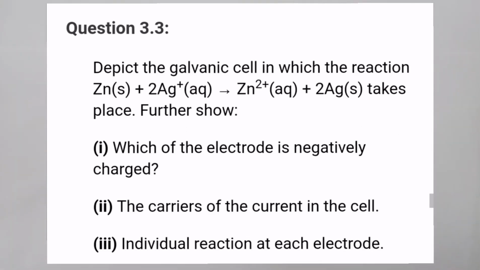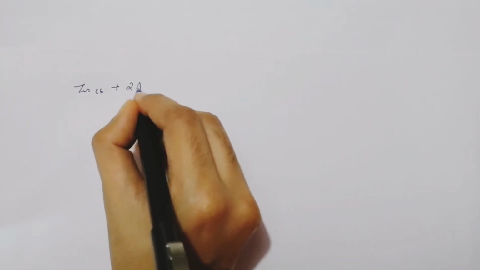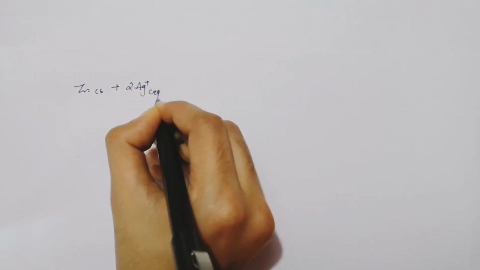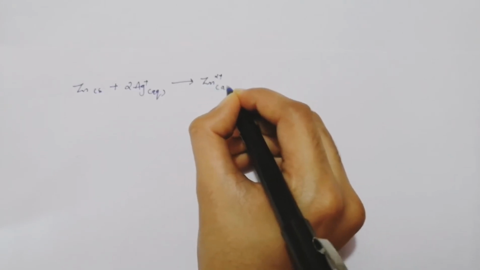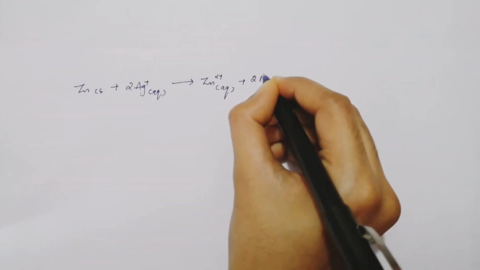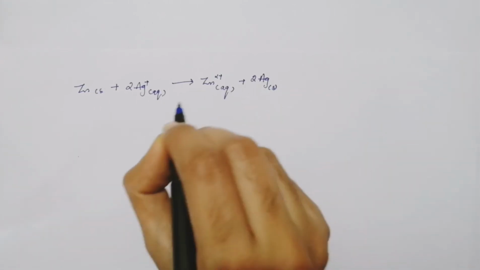In order to solve this question, let us first try to write down the cell representation. In the question we are given the equation as Zn, that is in the solid state, reacting with silver ion in the aqueous state to give us Zn2 plus in the aqueous state, and then we have silver metal in the solid state.